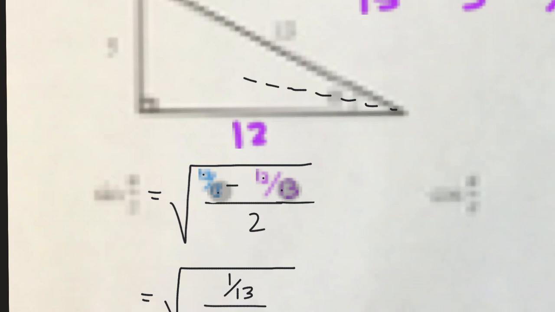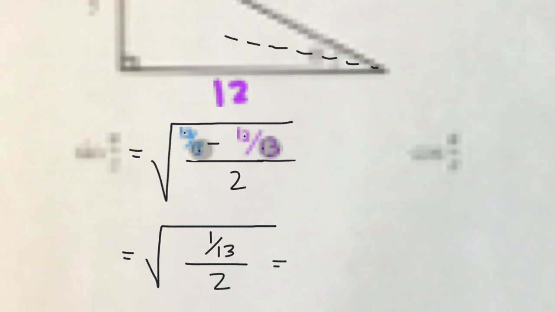So we're staying underneath our radical, and we're going to change our division by 2 to multiplying by 1/2. Dividing by 2 is the same as multiplying by 1/2. So this becomes the square root of 1 over 26.